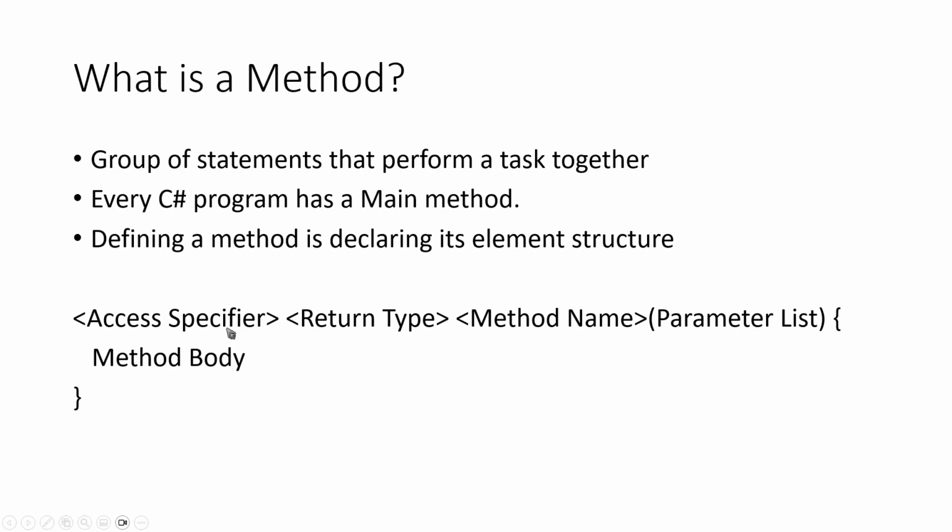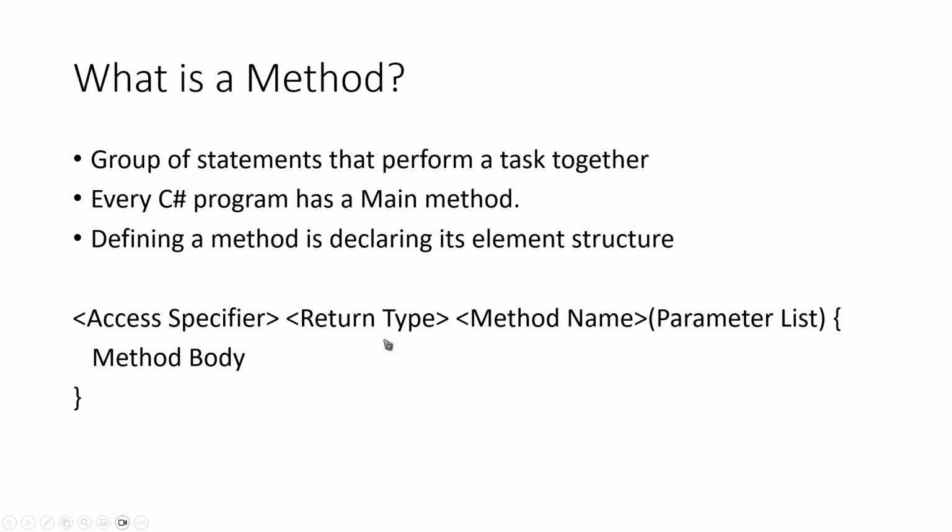Where we have this access specifier, which determines its visibility from other classes. We have the return type, which is the type that will be returned from the method. For example, we can have an int returned, a string, a class, or even a boolean.